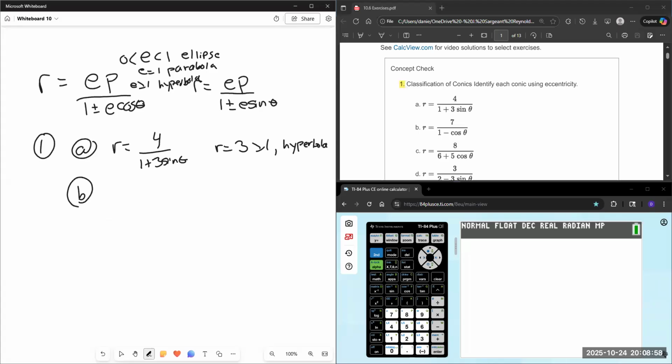But if you wanted to graph this, you would think about what goes in the vertical direction. So that would be pi over 2 and 3 pi over 2. You would use those to find your vertices, because they would be those distances that were on that axis. And then you would find some additional points, probably your x-intercepts, by looking at 0 and pi, and use symmetry to help you get the same points on the other piece.